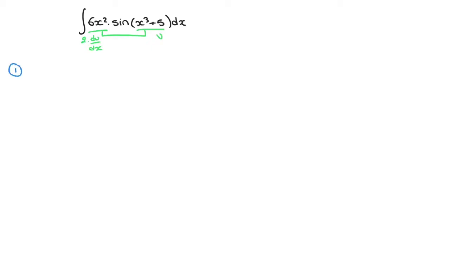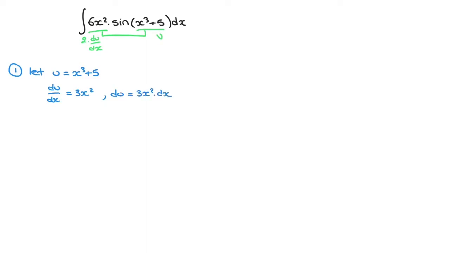Step 1, we're going to define the new variable, so let u equal x cubed plus 5. Then its derivative, du dx, will equal 3x squared. And the differential du would therefore be du equals 3x squared dx.